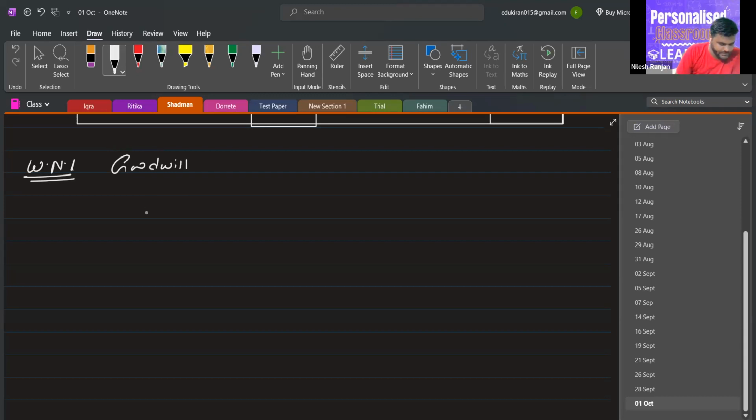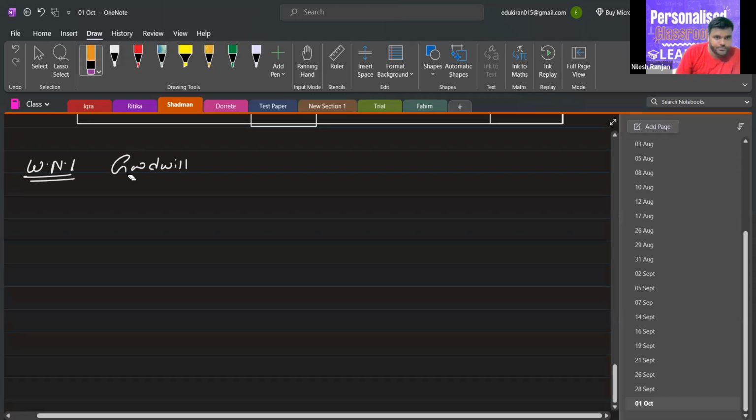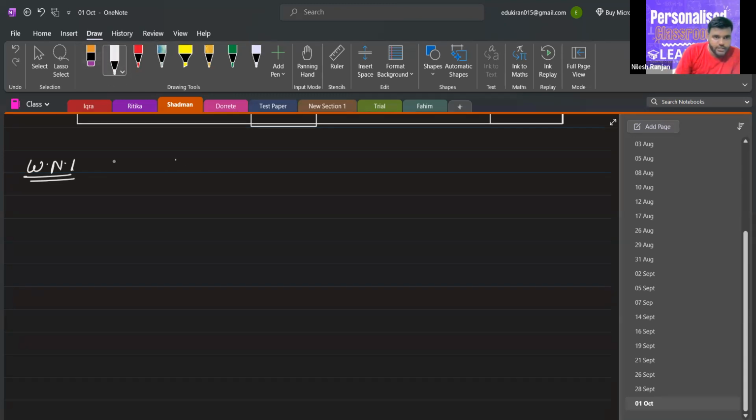So first thing, goodwill is distributed. First thing, the new ratio. For distribution of goodwill, we need the new ratio. So in every question, if there is no information about sacrificing or gaining ratio, then we have to calculate the new ratio and sacrificing ratio first.